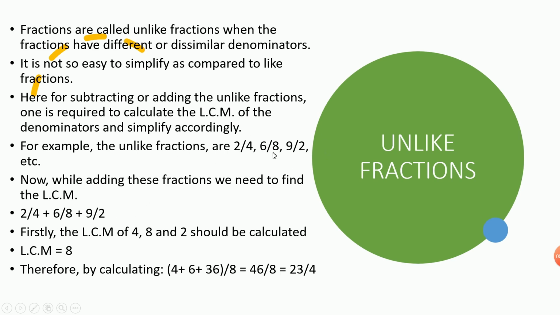Here for 2 by 4, 6 by 8, 9 by 2, in order to add them, we take the LCM, which is 8. Like yesterday's class, where we solved it, we convert to the multiple and add everything. This is known as unlike fractions.